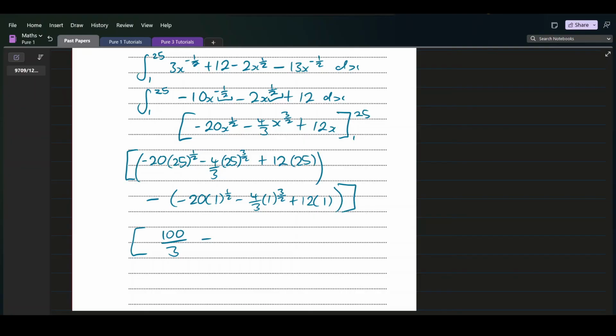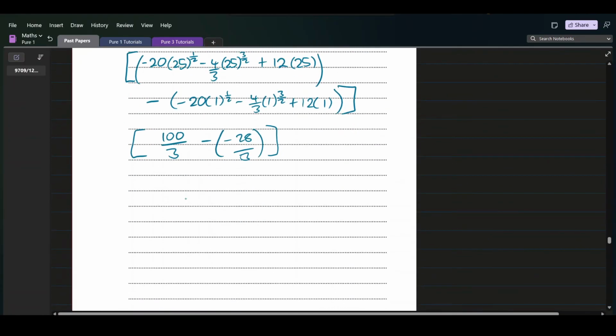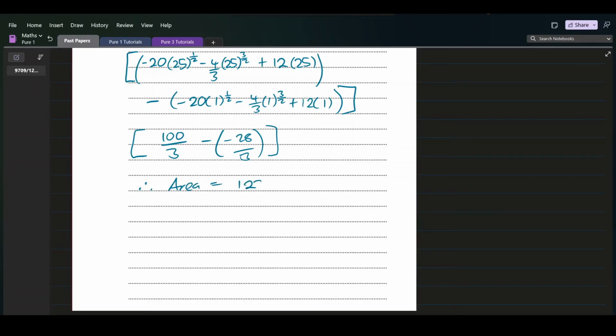If you substitute x with 1, you should be getting negative 28 over 3. So this is 100 plus 28 over 3, which is 128 over 3, and that would be our final answer. Therefore, the area is equal to 128 over 3.